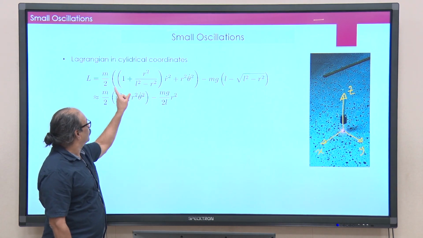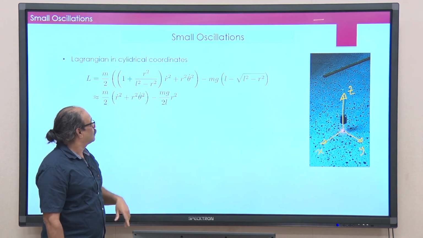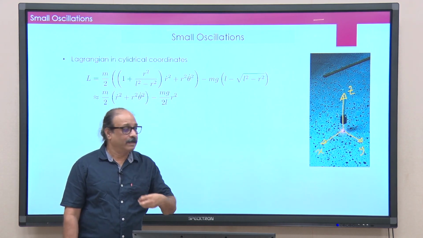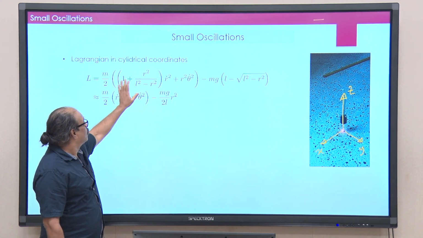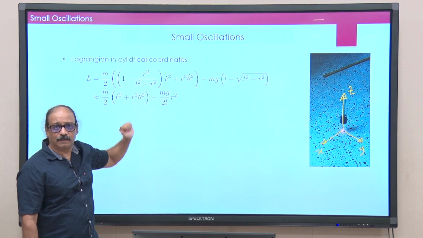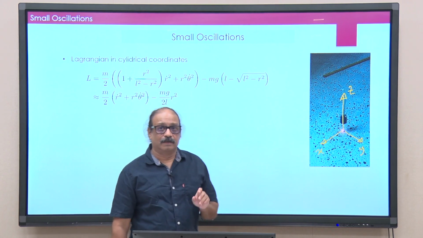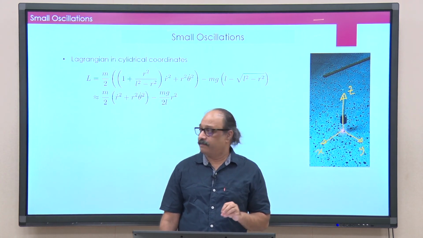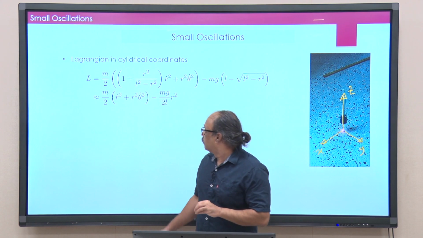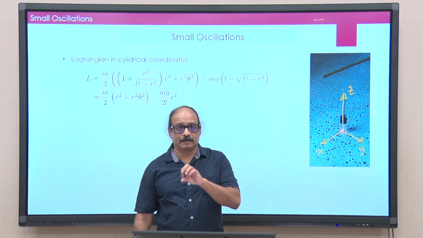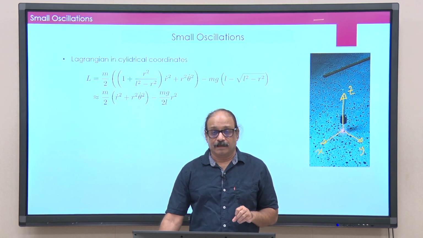And similarly, if you look at this one here, r square by L square is very small compared to 1. So, I will approximate this term out, and what remains of the harmonic approximation is half m times r dot square plus r square theta dot square, minus some constant into r square.